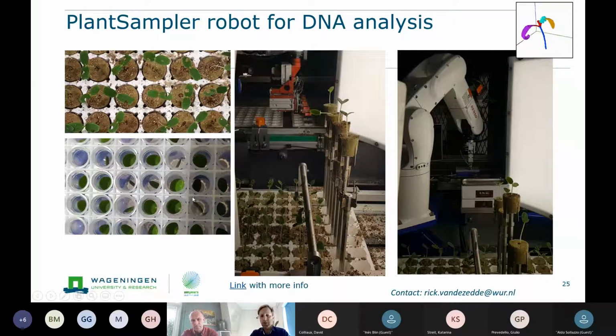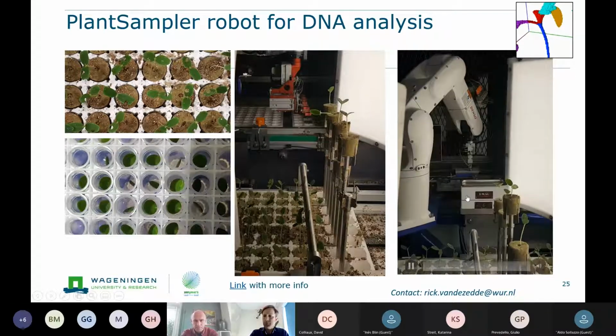This is an application specifically for breeding companies, where one of the very dull tasks is to take a bit of leaf from the plant and put it into a microplate. This microplate is then brought to a sequencer to extract the DNA profile, while the plant continues growing, and then they can link certain behavior of the plant to the genetics. So the phenotype is linked to the genotype.